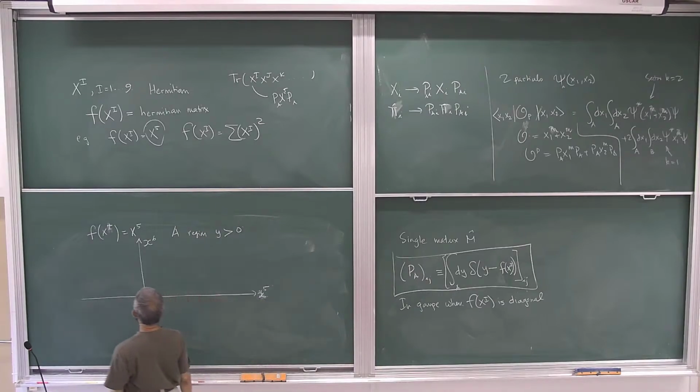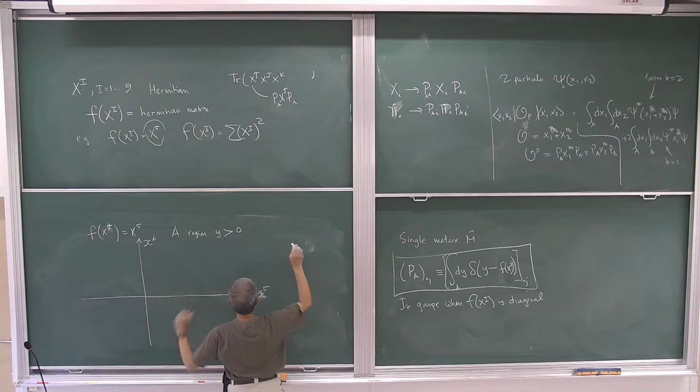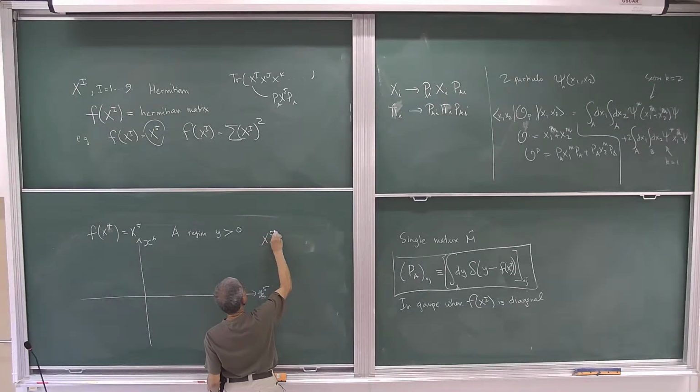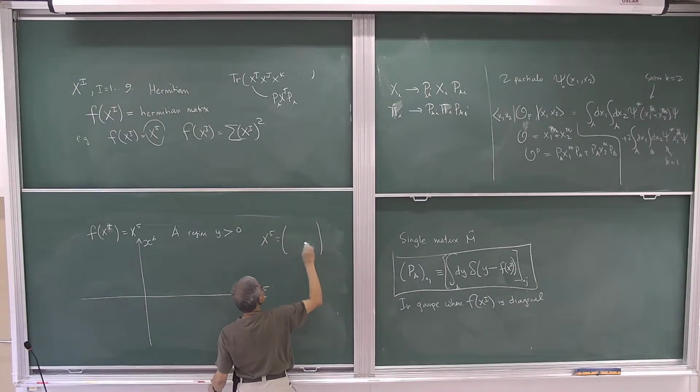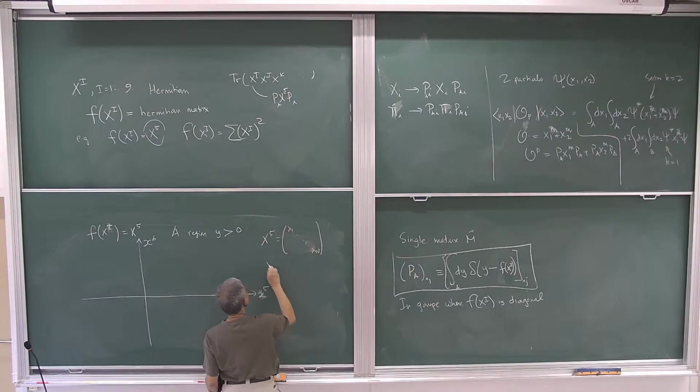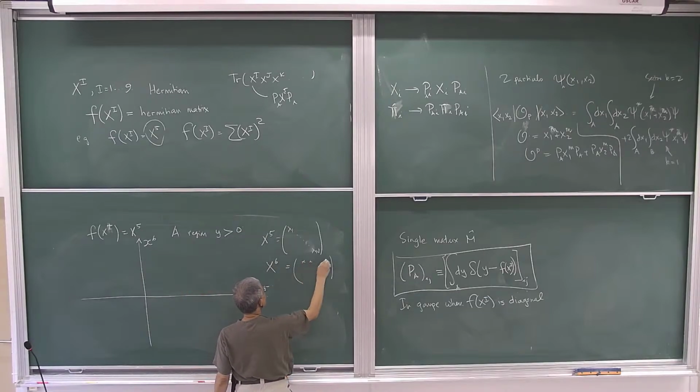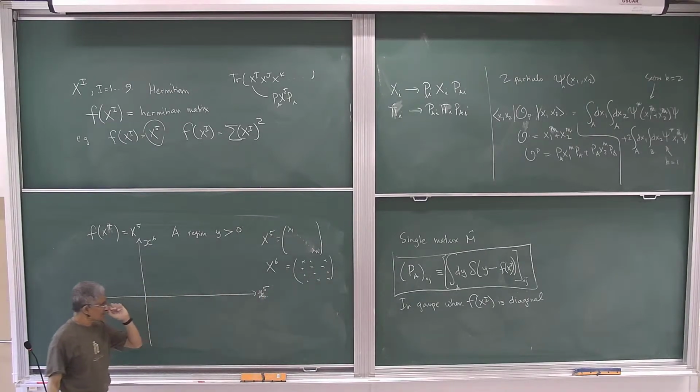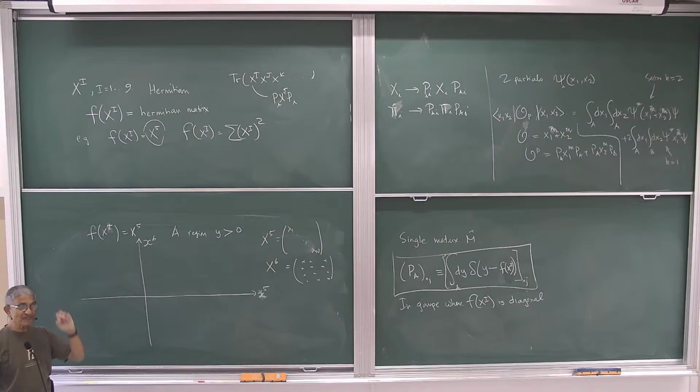So in a gauge where x5 is diagonal, I have an x5 which looks like lambda 1 to lambda n, and I have an x6, and all the others are of course there, which are all n by n matrices. There are n squared degrees of freedom.